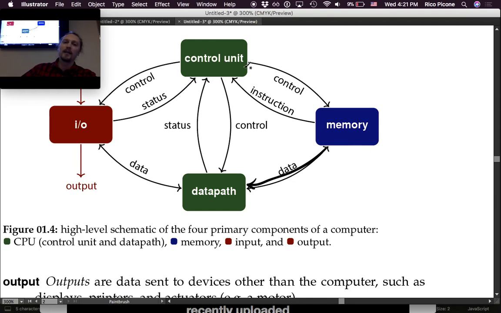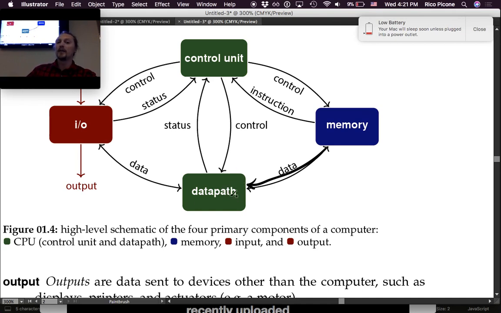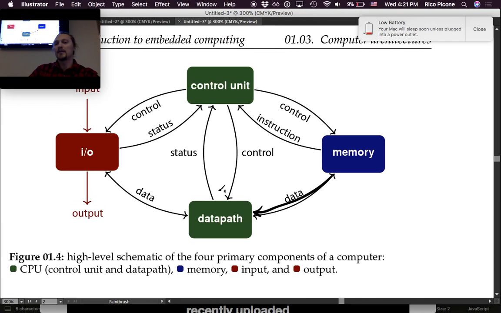So it will tell memory to send data path certain addresses. Data path will have an ALU inside there that will take those two numbers, and it will also give it the instruction add, and it'll return some data.